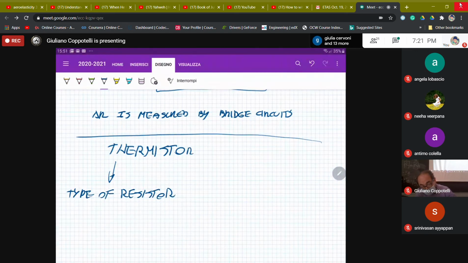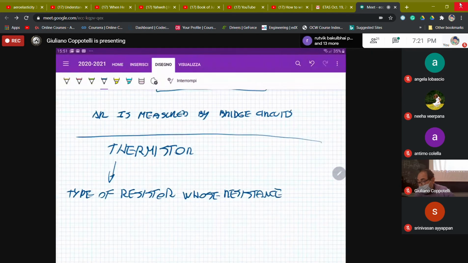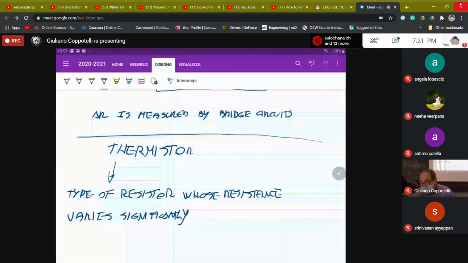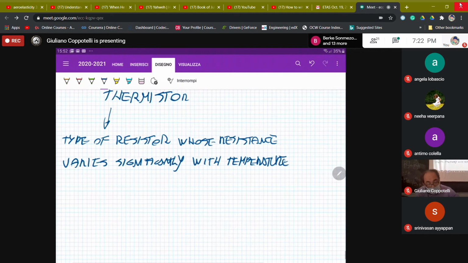Whose resistance varies significantly with temperature. This variation is more so than the standard resistance.